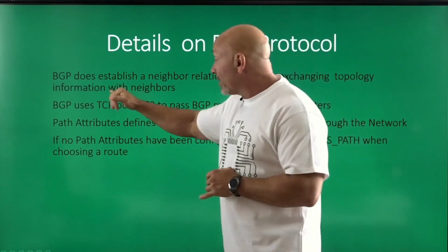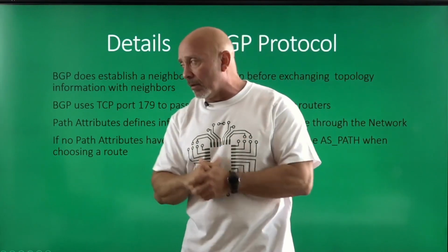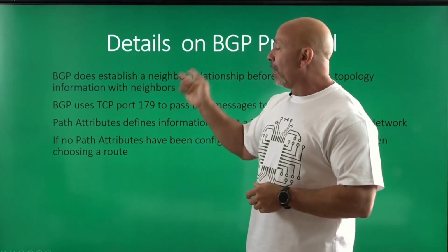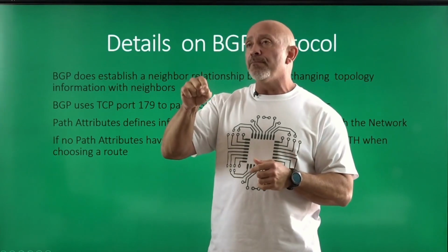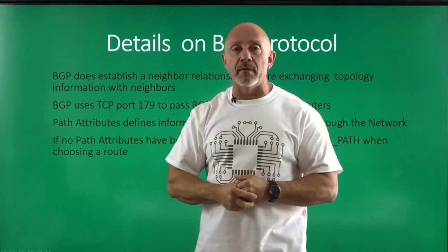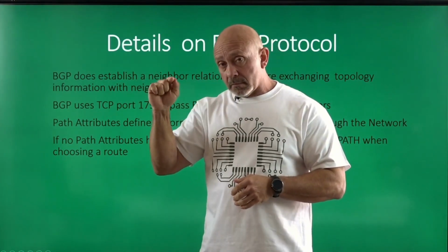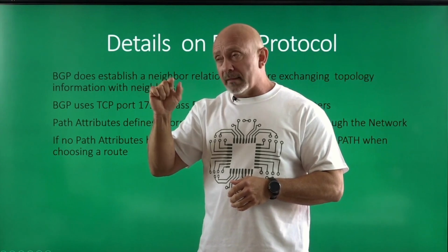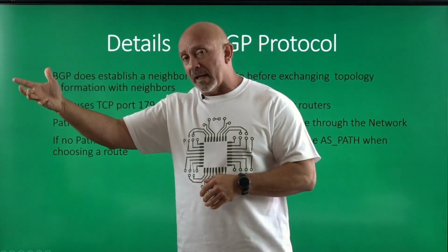BGP does establish a neighbor relationship before exchanging any kind of information, just like any other routing protocol. When you configure BGP, you do router BGP with your autonomous system number, say 6500 or 6501. Then you go neighbor, then the IP address of your neighbor, then the remote autonomous system that neighbor is in.